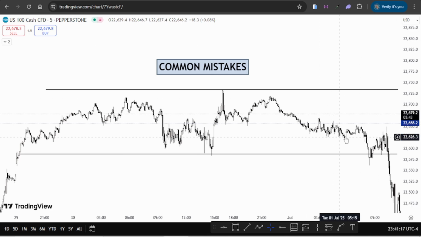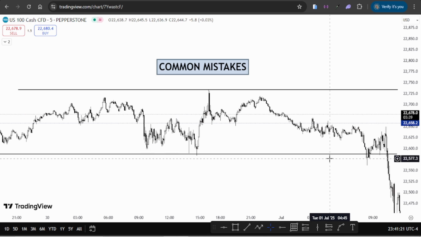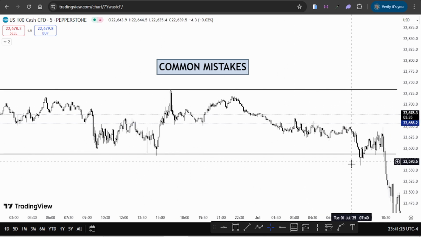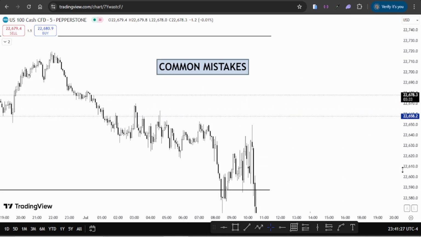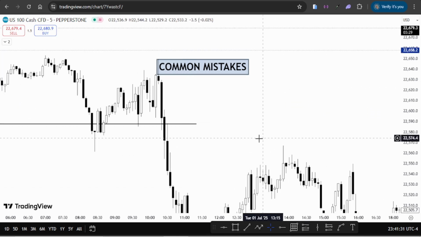I will give you an example with what I have on my screen right here. So after this consolidation, the market eventually broke down and closed with this candle.